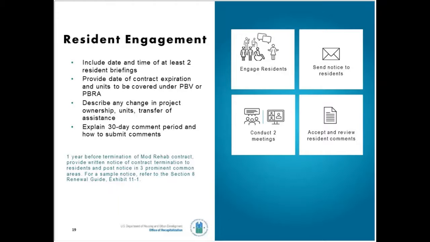These 2 resident briefings will include information about contract expiration and the units to be covered under a PBV or PBRA contract.